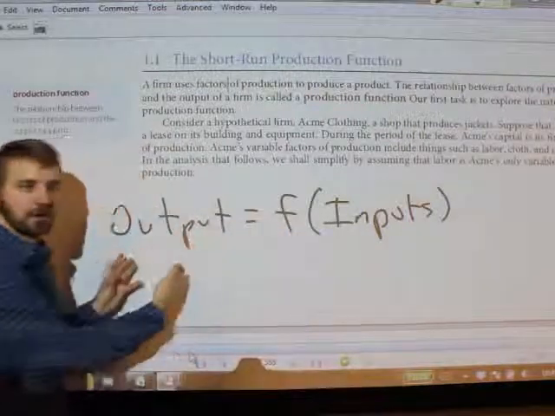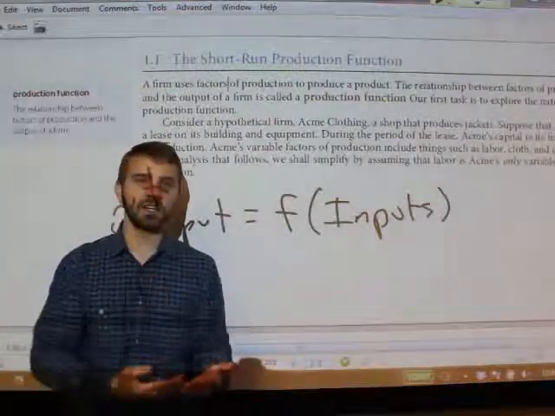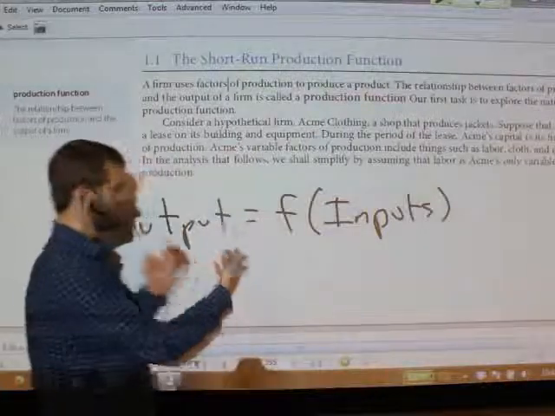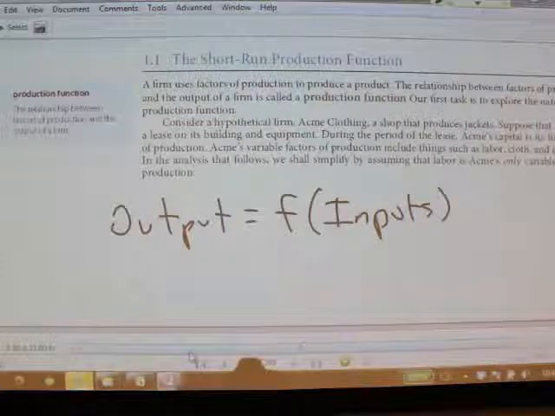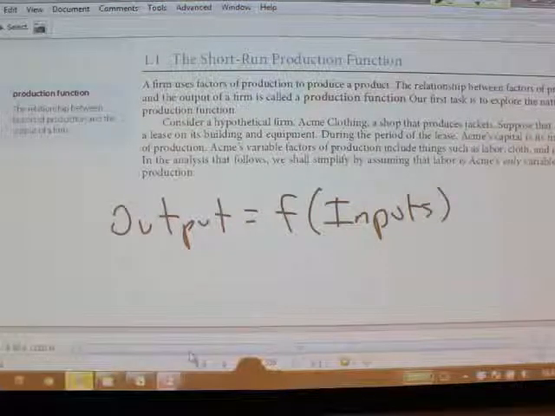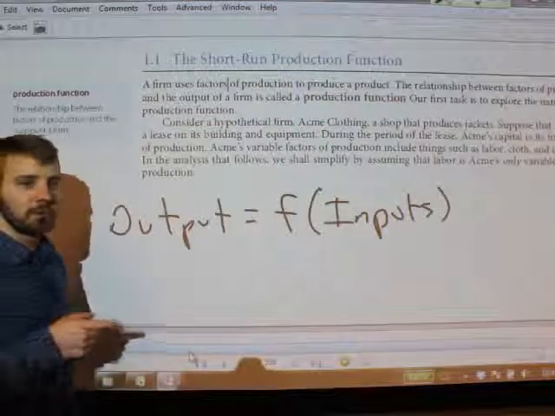And then you get output. So 3 workers, 1 machine, 1 factory is going to give you 10 jackets. Something like that.